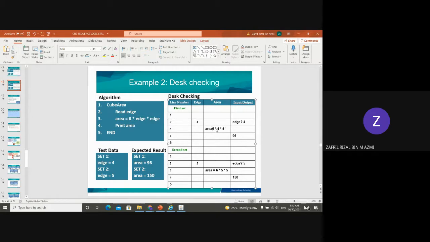So this is changed to, what? 69. Correct, 69. Okay, so make sure this is to print.